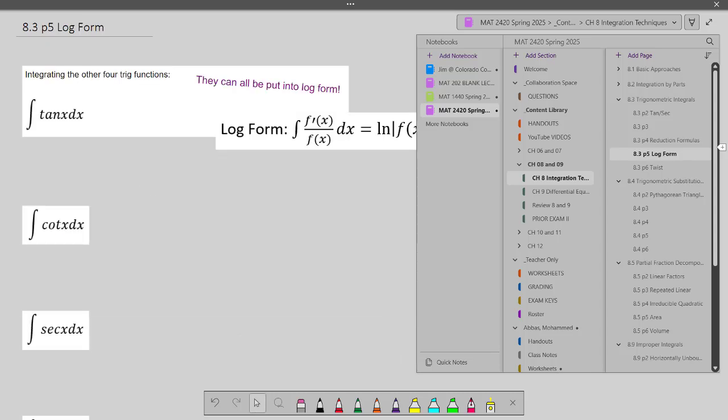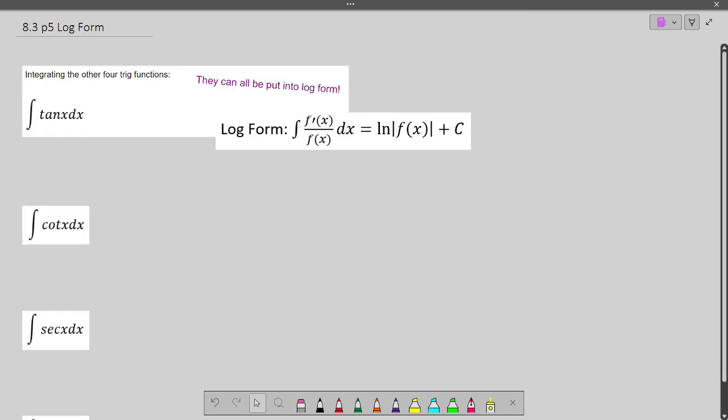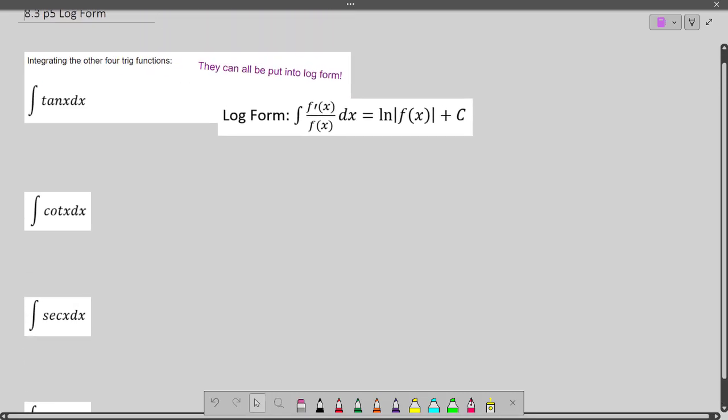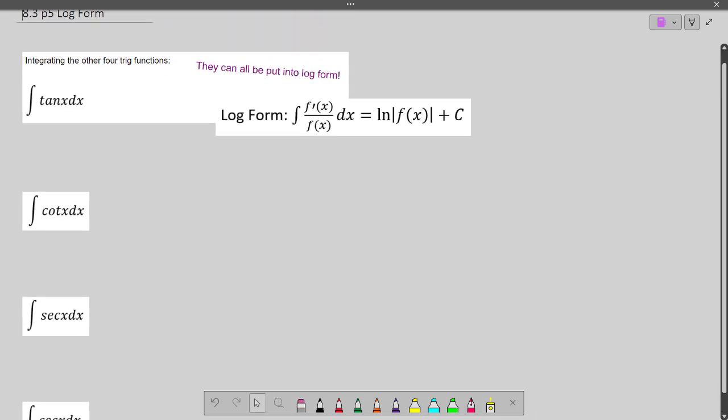Okay, let's do a quick review again. We've talked about this a few times now, but all 4 trig functions other than sine and cosine can be put in log form. And we looked at this with the hyperbolics also, because the same thing is true.